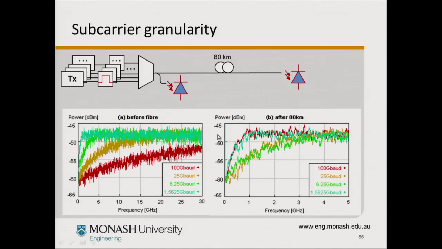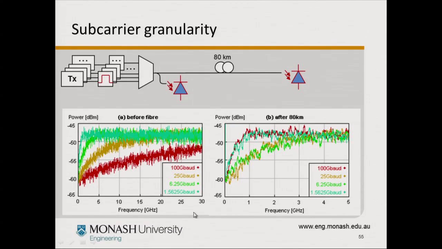But these slides here tell a story in that if you have a very high baud rate, you have very low intensity fluctuations at low frequencies. But once you go through some dispersive fiber, your high baud rate signal gains a lot of distortion because it's so dispersed.